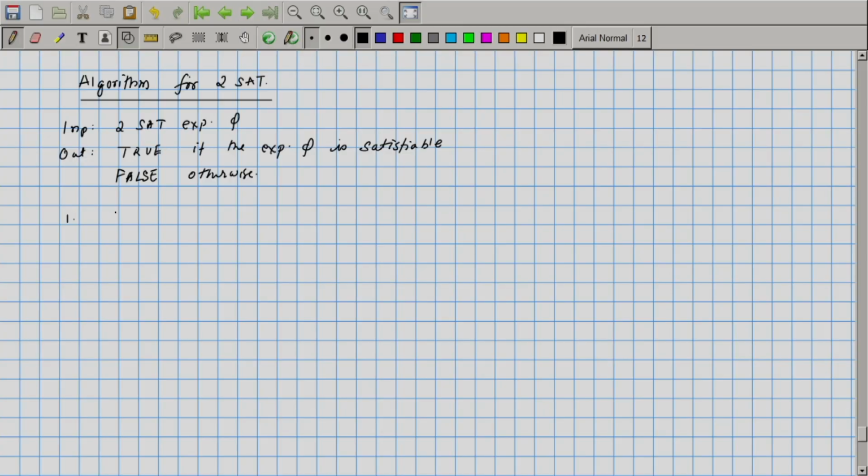So, we will begin as follows: choose a random assignment for the variables.